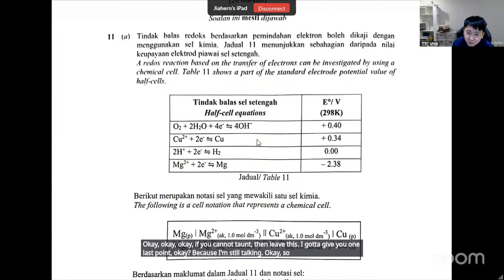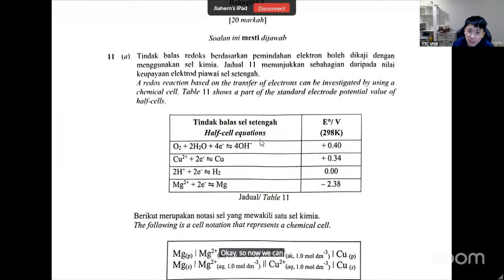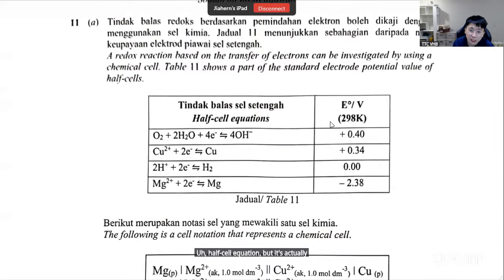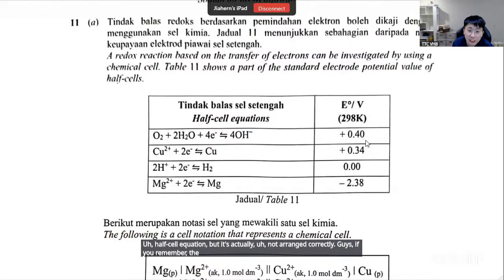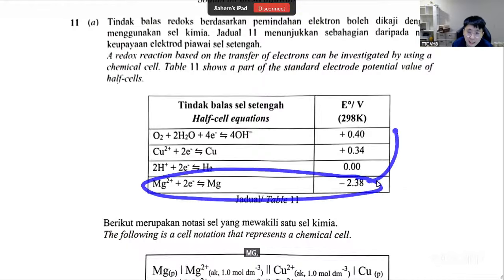Okay, so based on the idea here, we have your half cell equation, but it's actually not arranged correctly. Guys, if you remember, the table is supposedly arranged from the more negative value to the more positive value. It means that Mg is supposedly the higher one.